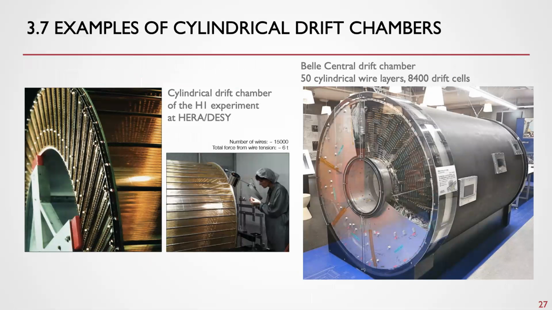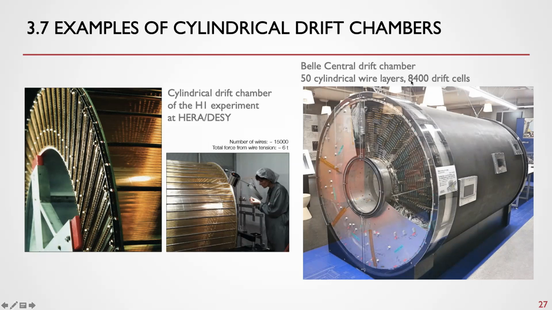Here are a few images of realistic large-scale cylindrical drift chambers. The left one shows one of the largest ones of its time, the H1 experiment at HERA. There are 15,000 wires in this drift chamber with a total force of 6 tons.